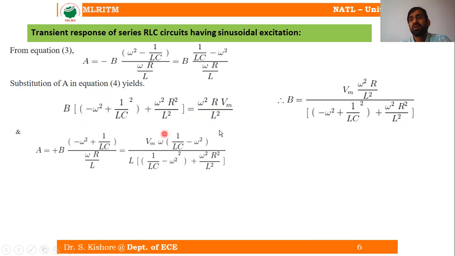So by solving equation number 3 and 4, it will take a little more calculation, but you should calculate very, very carefully.